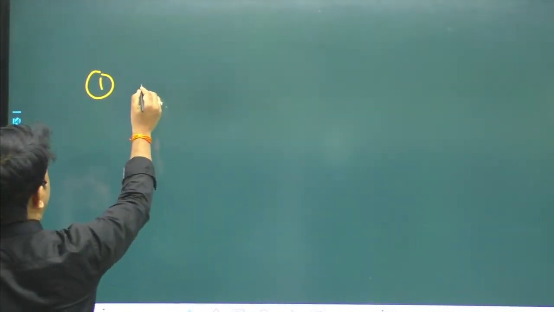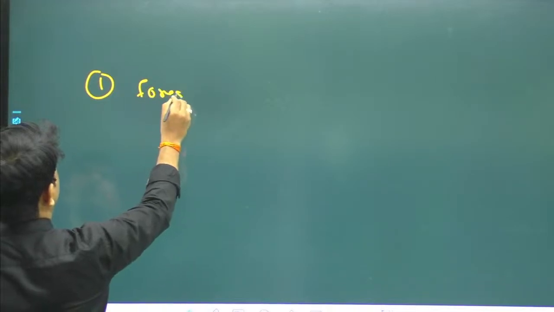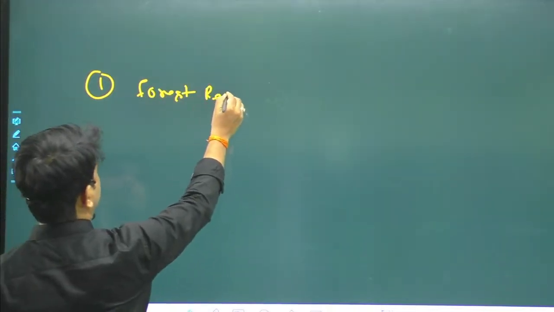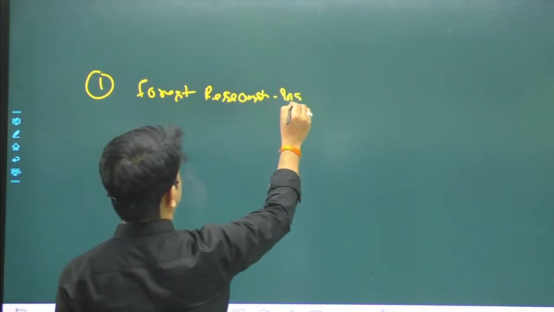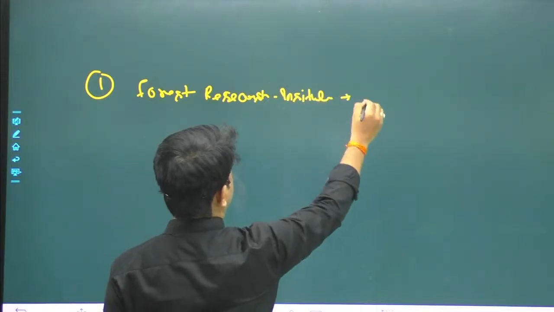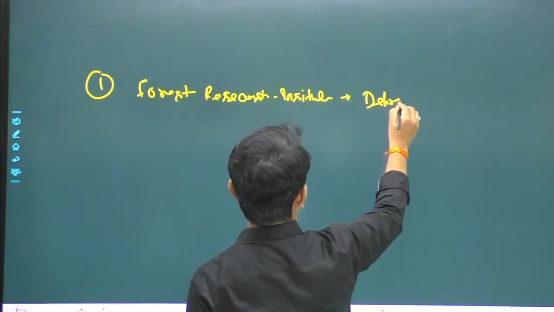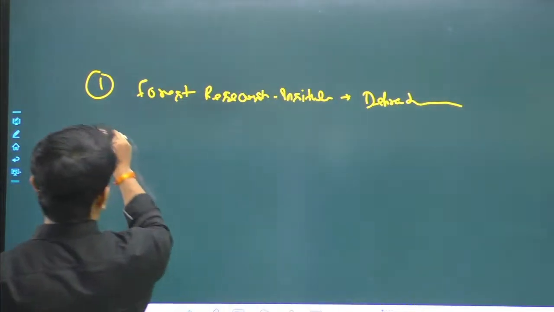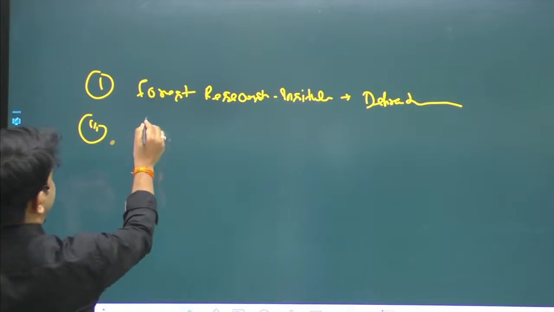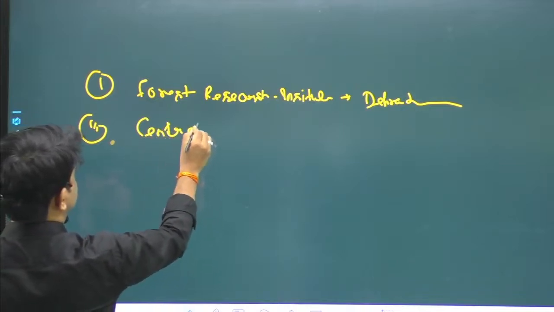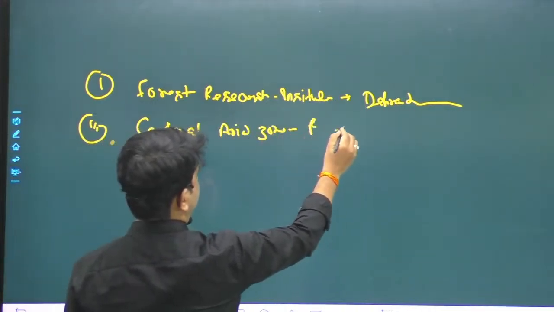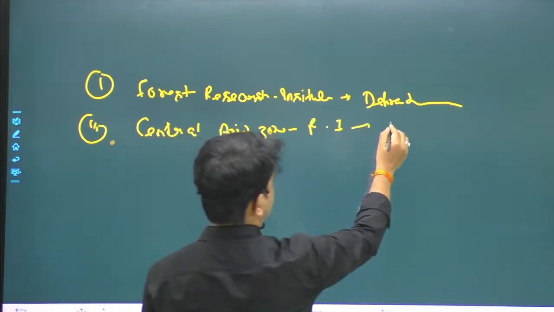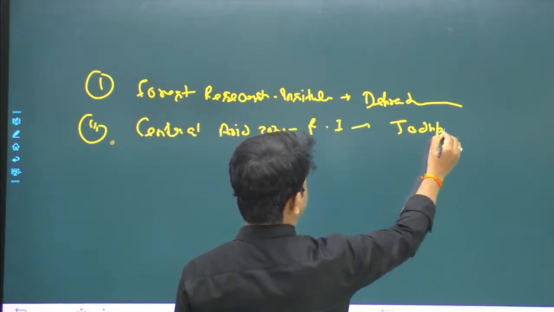Well, when we talk about the Forest Research Institute, it is at Dehradun. Next was the Central Arid Zone Research Institute, and that is established at Jodhpur, Rajasthan.